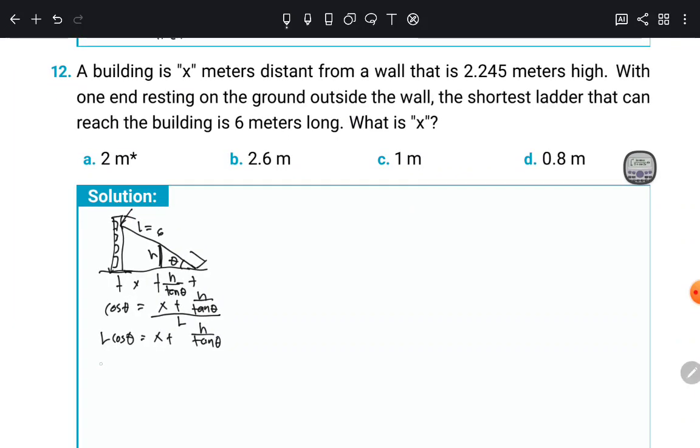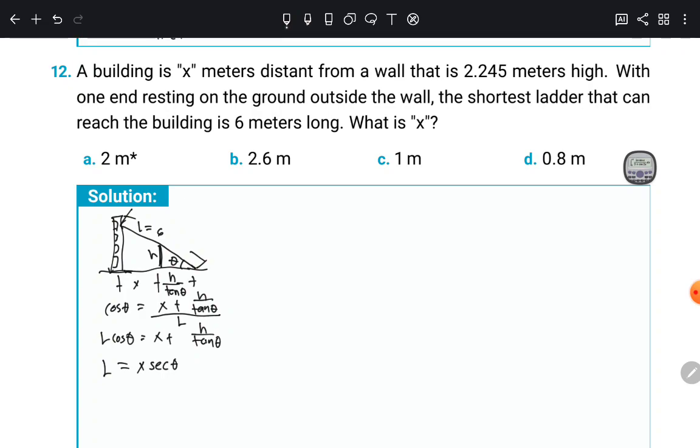Then if I solve for L, the right side will be all over cosine theta. So x divided by cosine theta, 1 over cosine theta is just equal to secant theta. So I just write here x secant theta.